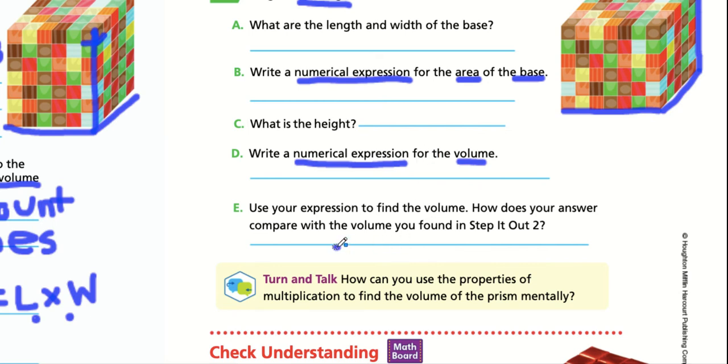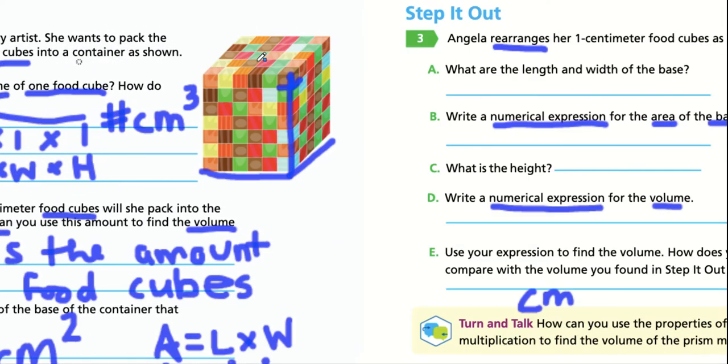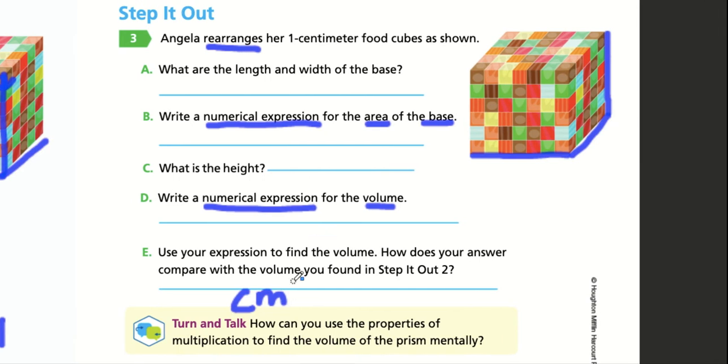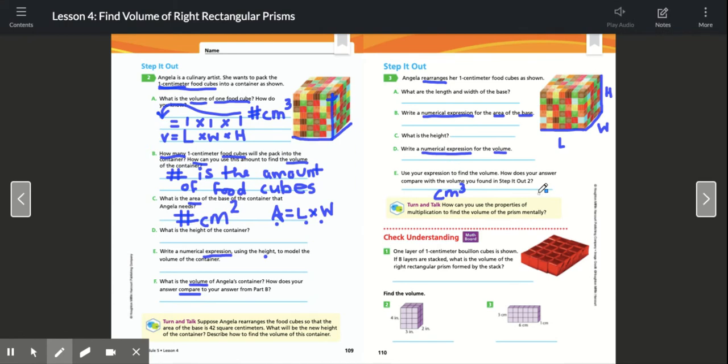Remember to label. It's still centimeters because we're still working on the same problem as the page before, and they told us everything is in centimeters. Your answer is going to be cubed because you're going to be multiplying your length, your width, and your height. Then it says, how does your answer compare with the volume you found in Step It Out 2?